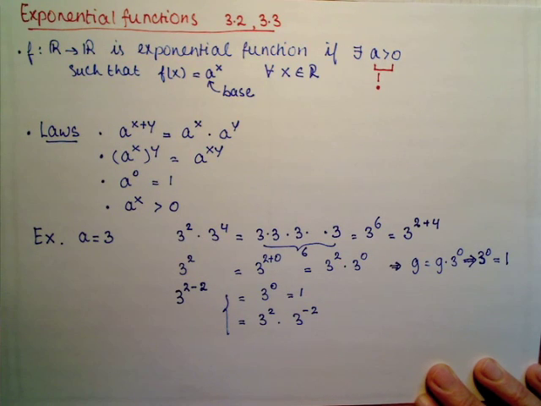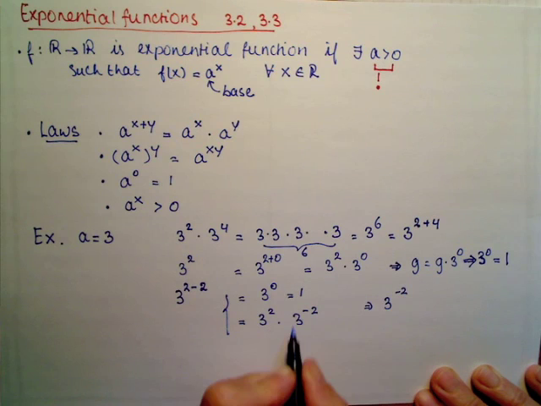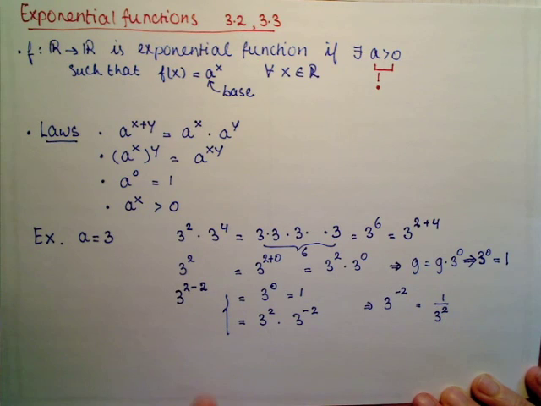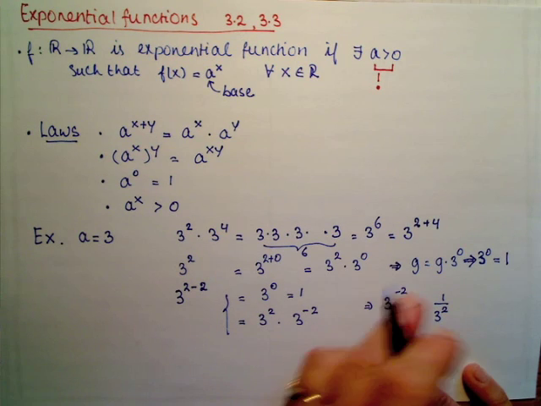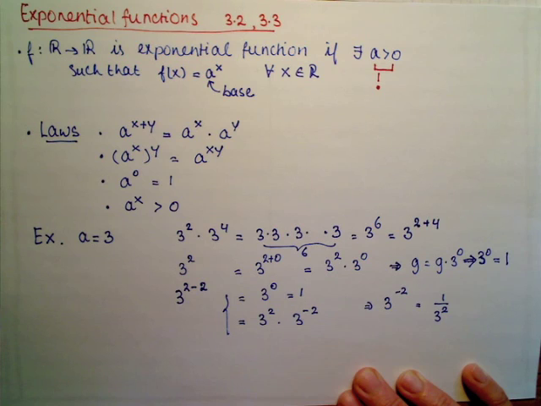So the only conclusion is that 3 to the power minus 2, so we divide by 3 to the power 2, is 1 over 3 to the power 2. This motivates why we choose 3 to the power minus 2 to be equal to 1 over 3 to the power 2.